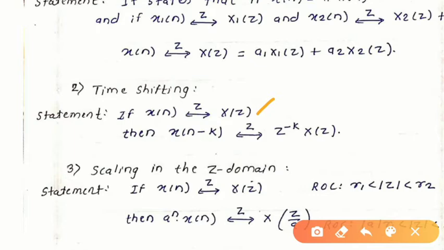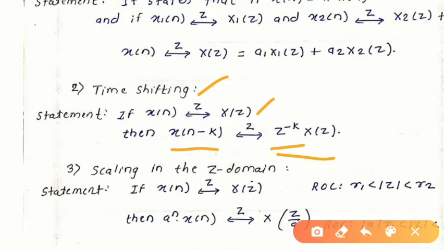Then x of n minus k has a Z transform of Z raised to minus k into x of z. So for the time shifting property, the Z transform of x of n minus k will be Z raised to minus k into x of z.